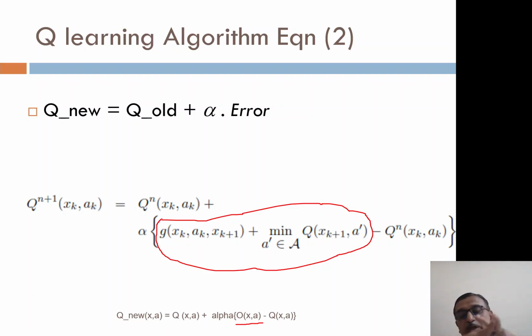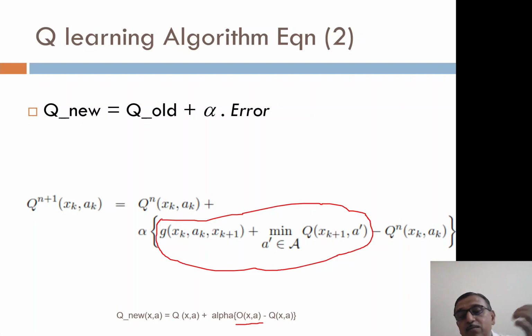I'll give an intuition for this expression. Q value is defined as the total expected cost if you start from state X, take action A, thereafter follow policy pi star. So if you are in state xk, you took action ak, then the one step cost is q xk ak xk plus 1. And what is the cost from xk plus 1 to the terminal state?